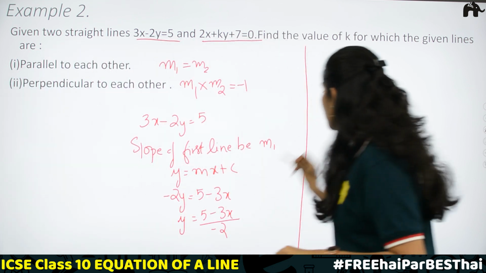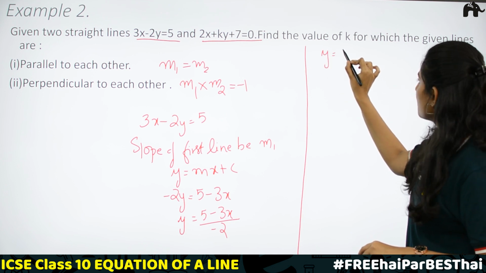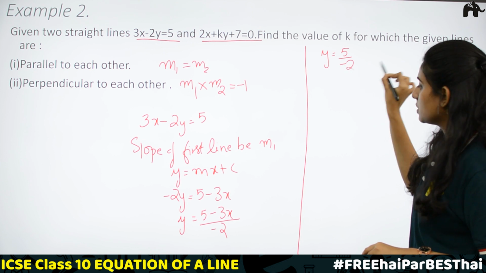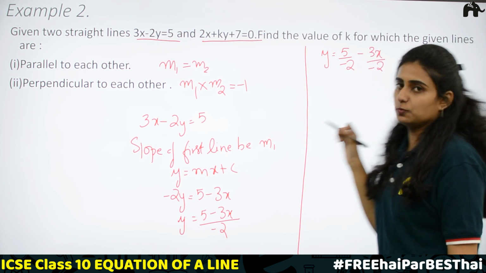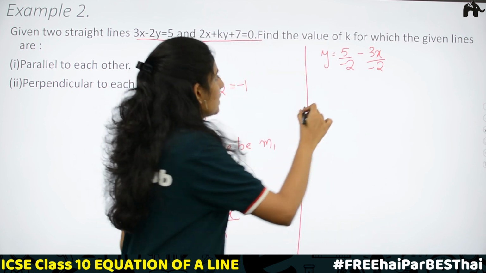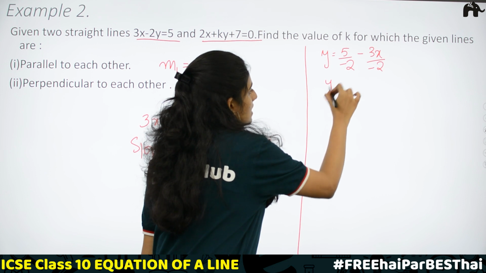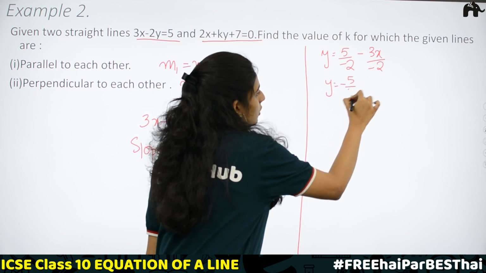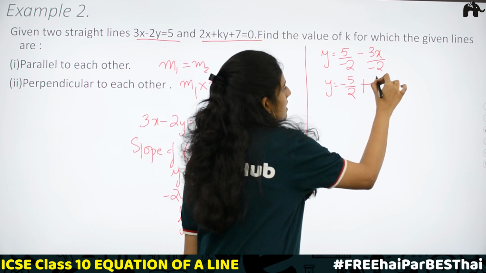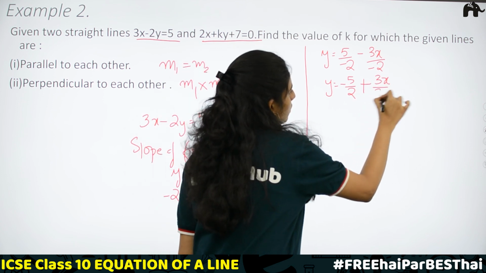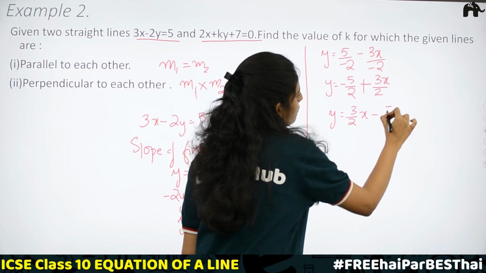Then y is equal to 5 divided by minus 2 minus 3x divided by minus 2. Taking this negative to the numerator, we get y is equal to minus 5 by 2. Negative and negative becomes positive. Positive 3x by 2, or y is equal to 3 by 2 x minus 5 by 2.